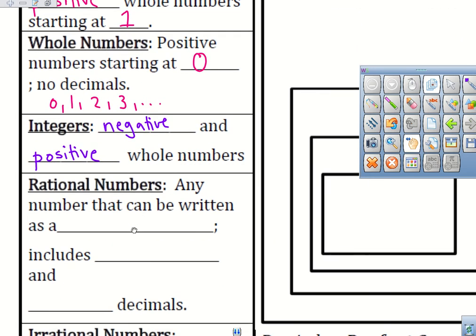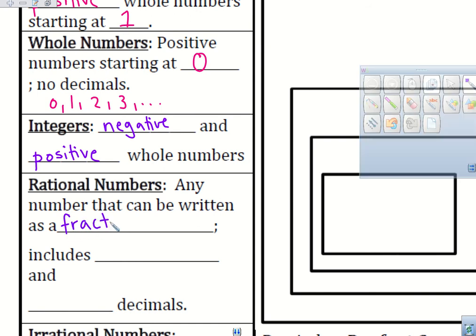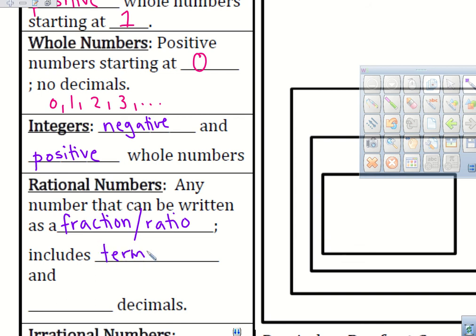Rational numbers are any number that can be written as a fraction, or I'm going to add the word here, ratio. Ratio and fraction mean the same thing. This includes terminating, which means to stop, and repeating decimals.